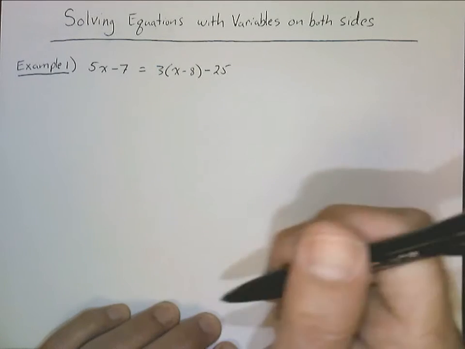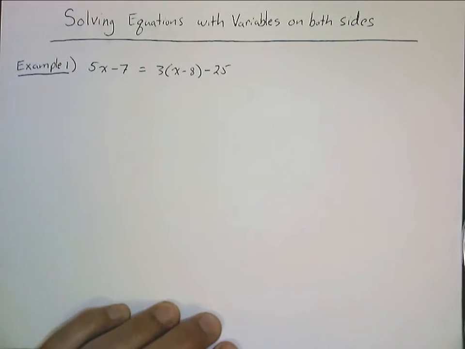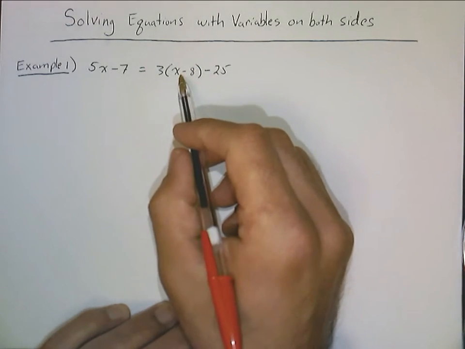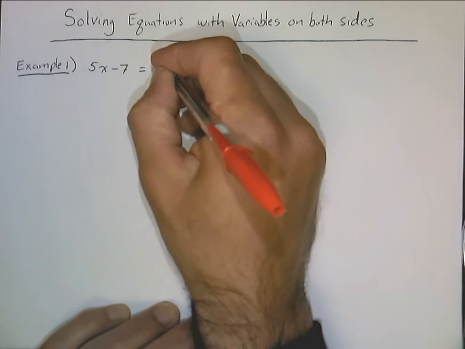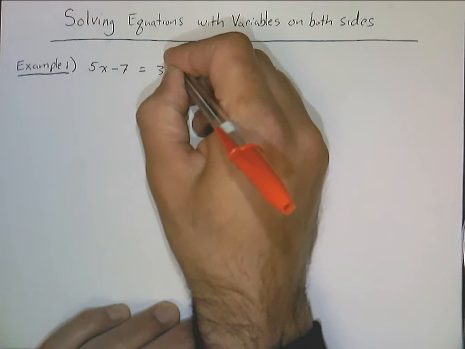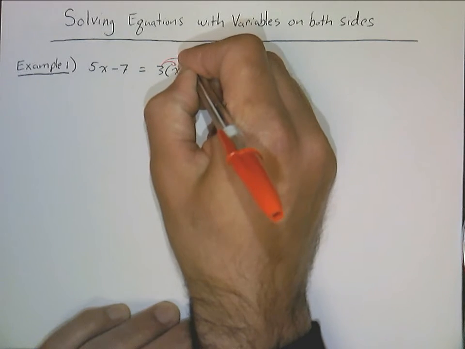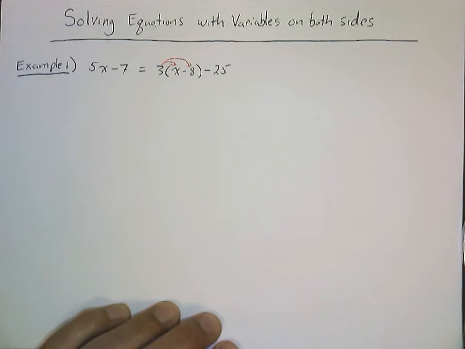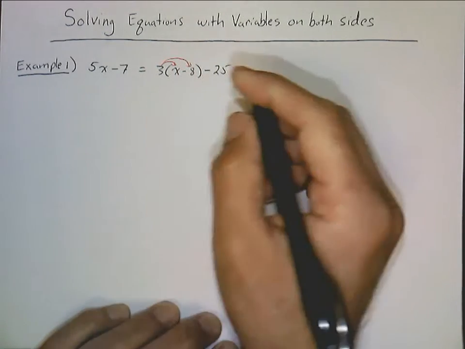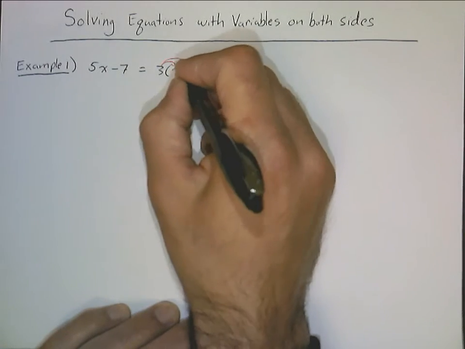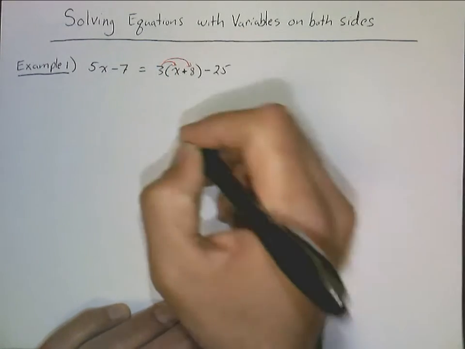So first off, what we're going to do is start simplifying here. Of course, this x is trapped inside the parentheses, so we need to distribute this multiplying by 3. Oops, I want this to be a plus 8.